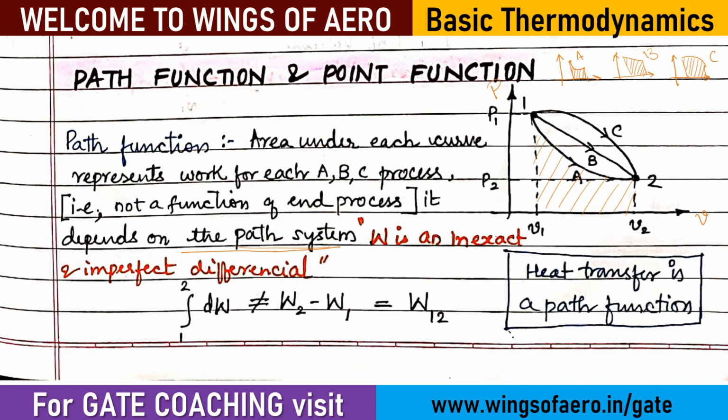So it says that this path function is an inexact or imperfect differential. So the change in work done, with respect to the initial point and the final point, is not equal to W2 minus W1. But whenever we find the area, we can write it as W12. Okay, now when we see the next one, it will be clear.